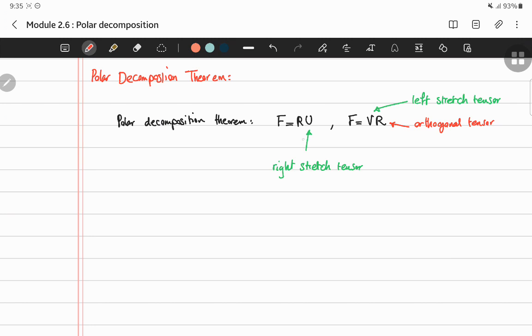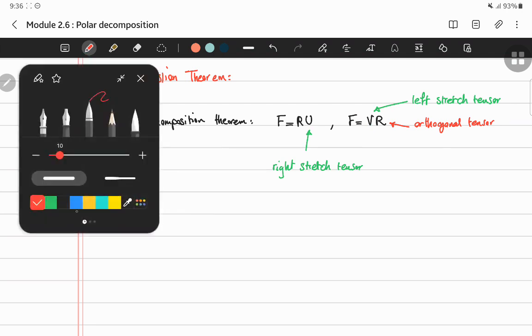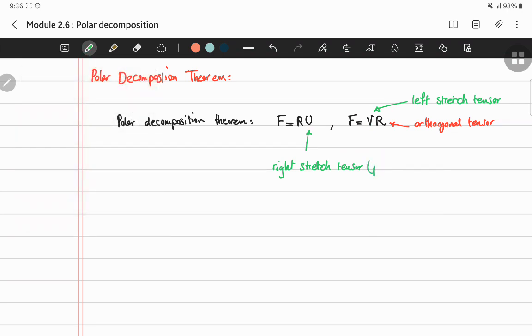And you have to remember that what we already said in the previous module about U can be applied to V as well. So U and V are positive definite. So we have symmetric positive definite tensors in here.